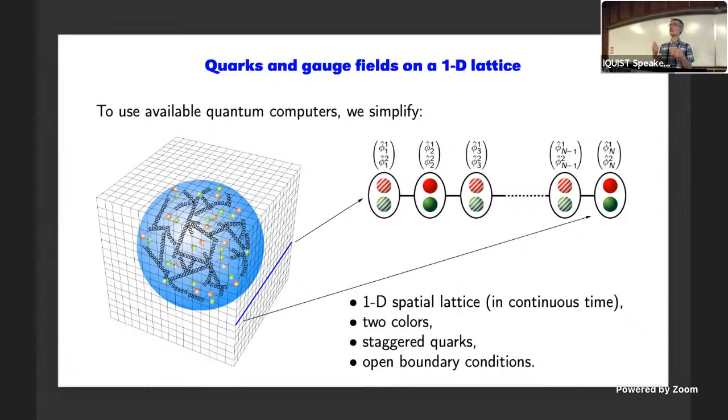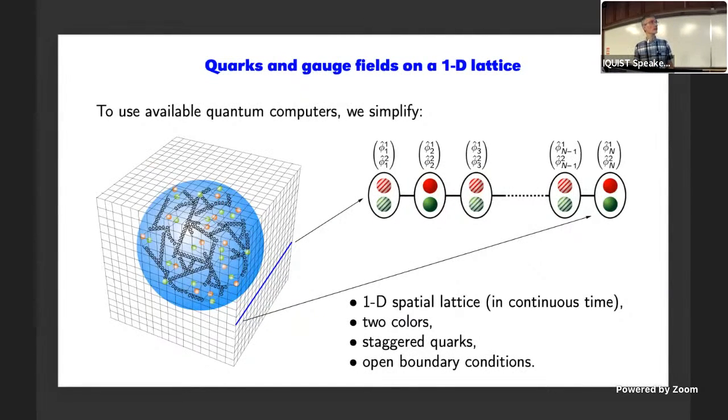So when one gauge field touches your red quark, it could turn it into a green quark. In real QCD, this is the name people use. It's not literal color, of course, but people discuss QCD as having red, green, and blue. And here I will only discuss two colors in my little toy theory.